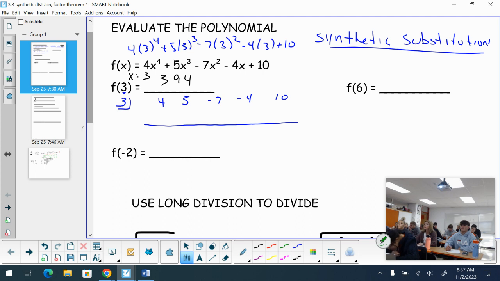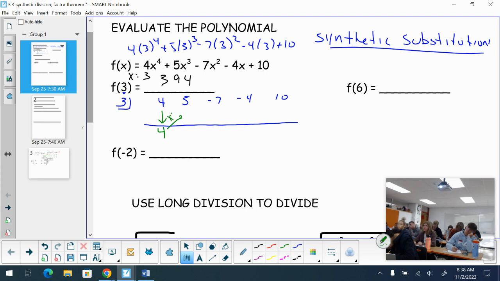Now, our goal with synthetic substitution is to accomplish this exact same thing. I want to multiply this value of 4 by 3 4 times, the value of 5 by 3 3 times, and so on. So, going through synthetic substitution, the first thing we do is we just drop down our 4. We then do a diagonal multiplication by our value in the box.